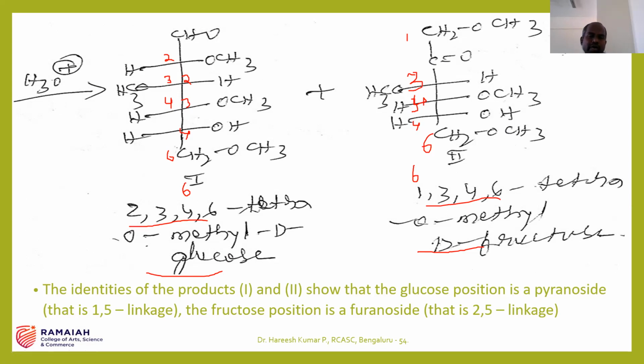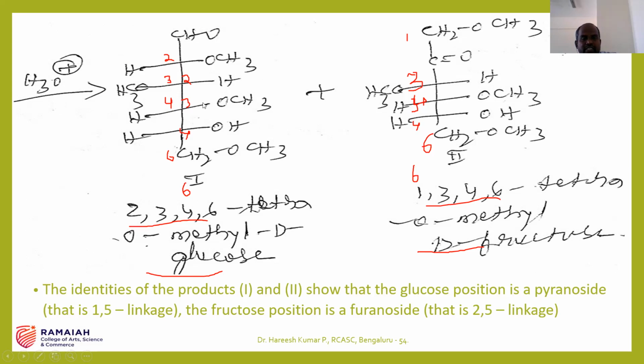Sucrose undergoes methylation followed by hydrolysis and gives 2 products. What are these 2 products? This you can term as 1, and this you can name as 2 in Roman letters. The identity of the products, 1 and 2, shows that the glucose portion is a pyranoside.